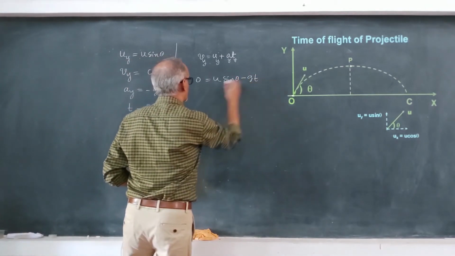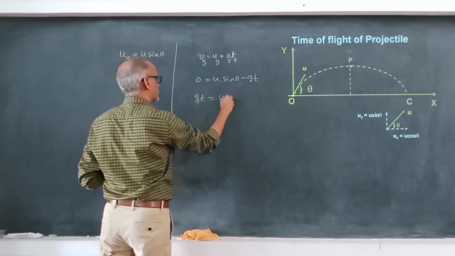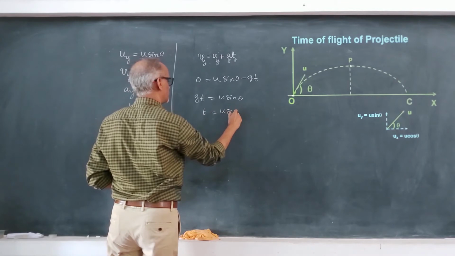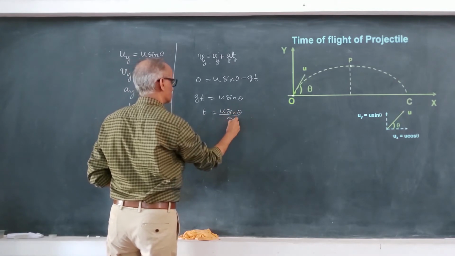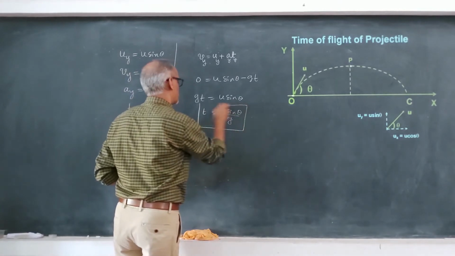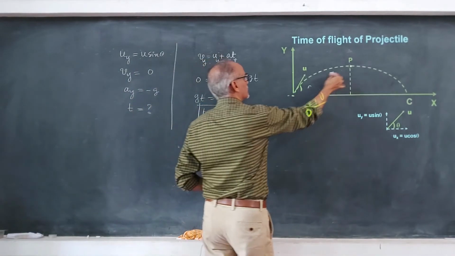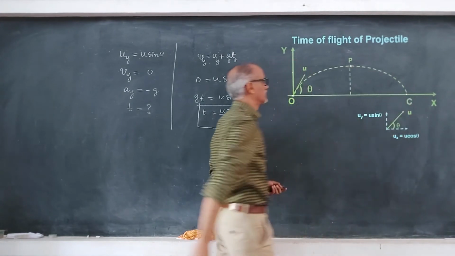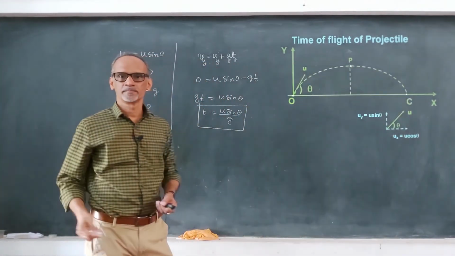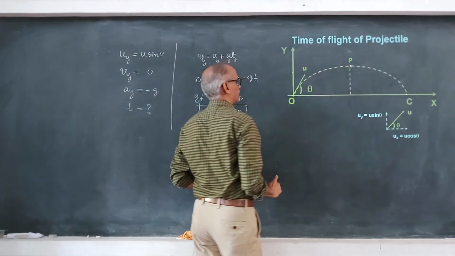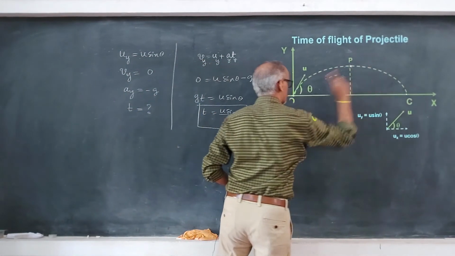So, gt is equal to u sin theta, so t is equal to u sin theta by g. That is called time of ascent, the time taken to reach from here to here. Time of descent is also the same, that is to move from P to C.